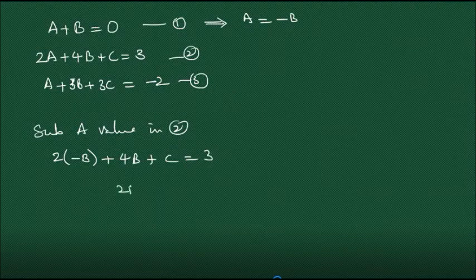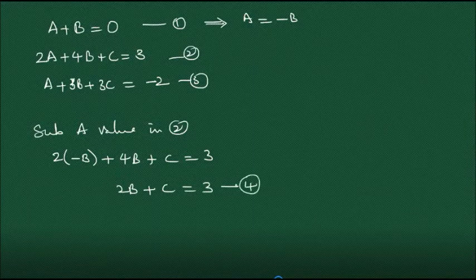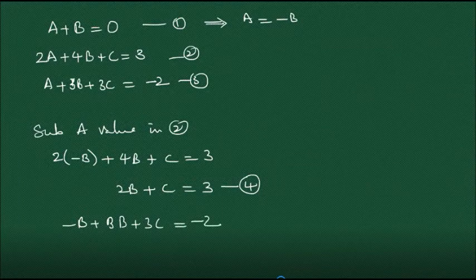This is 2b plus c is equal to 3, equation 4. And minus b plus 3b plus 3c is equal to -2. So 2b plus 3c is equal to -2, equation 5.